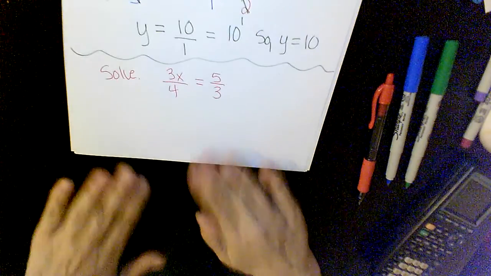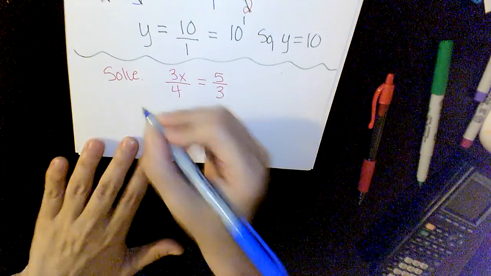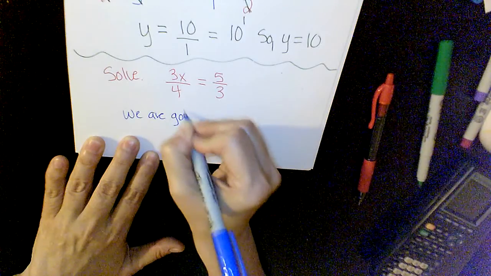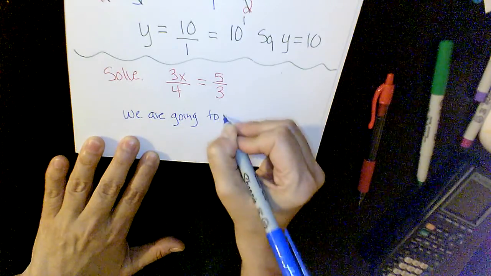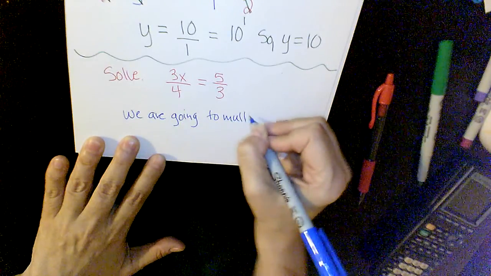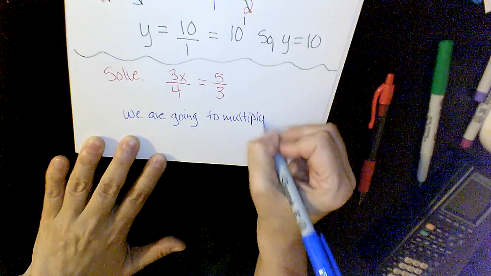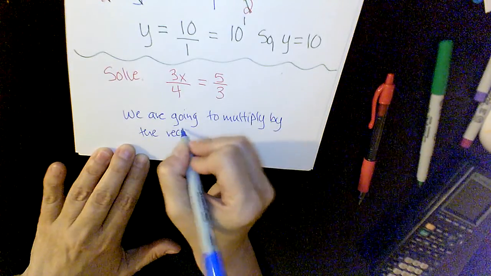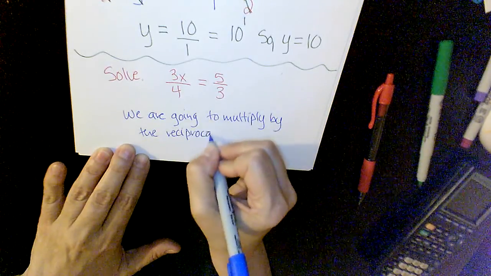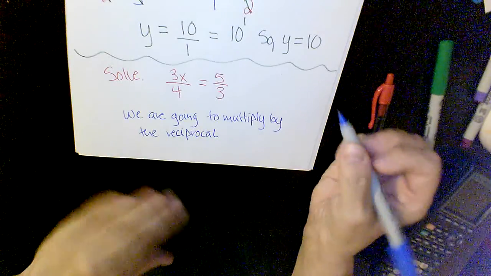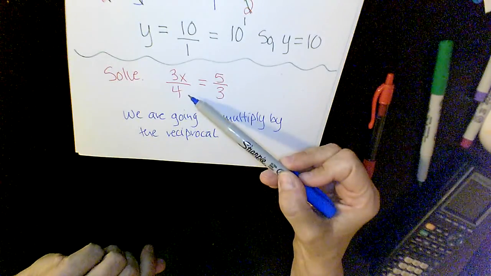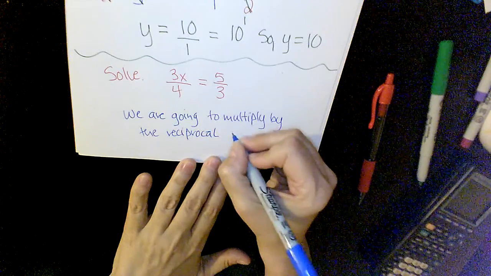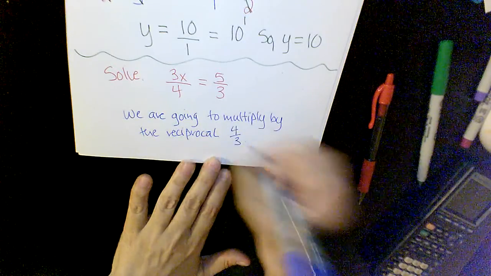So we're going to do the same thing here, and we are going to multiply by the reciprocal, which, what is the reciprocal of 3/4? 4/3.